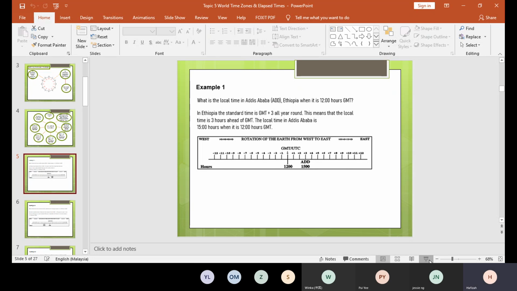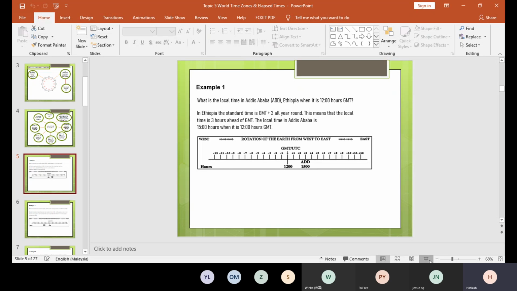If we look through here, they ask what is the local time in Addis Ababa, Ethiopia when it's 12 hours GMT. In Ethiopia, the standard time is GMT plus 3.